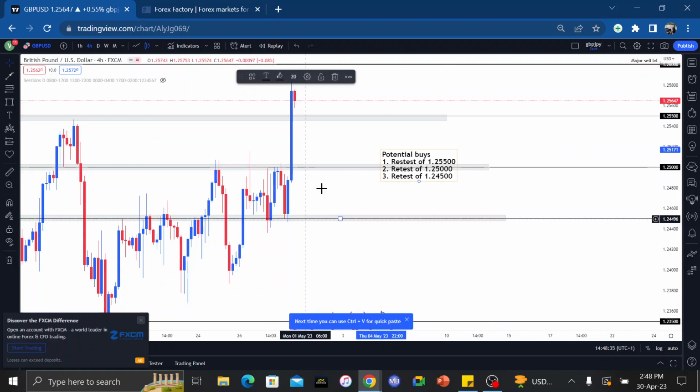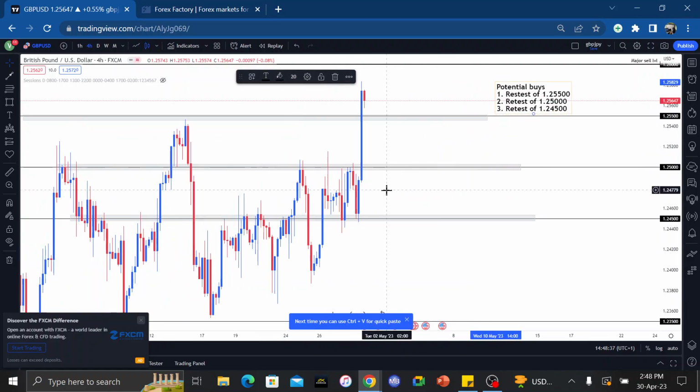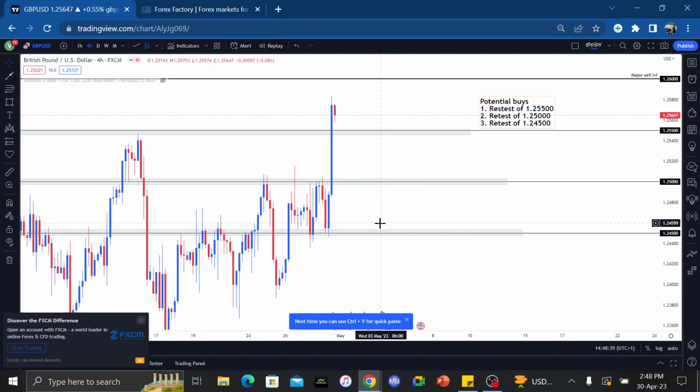So these are key areas which I'll be waiting for price to reach, just to follow the trend.